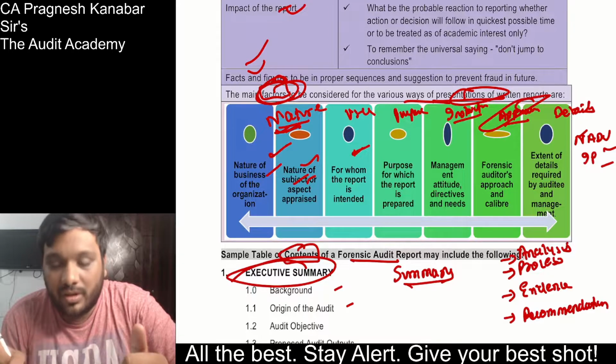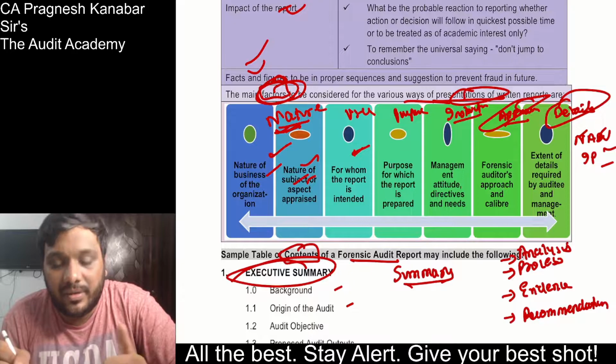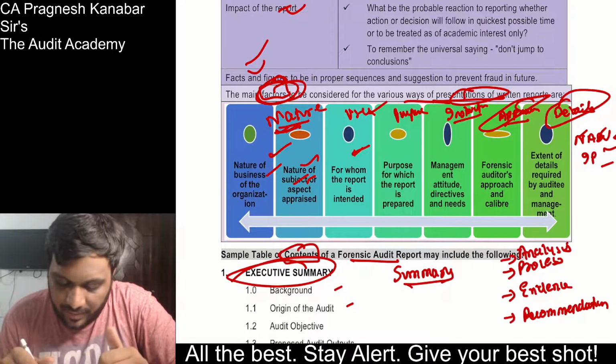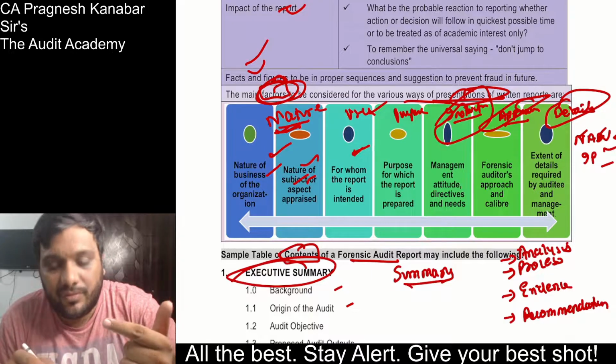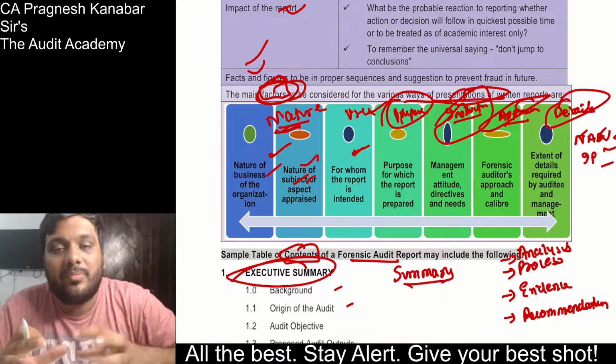Then what was your approach, A for approach, D for proper details, U for user, and then IP, based upon the instructions of your client and the purpose of the forensic audit. These things will help you develop a proper presentation.